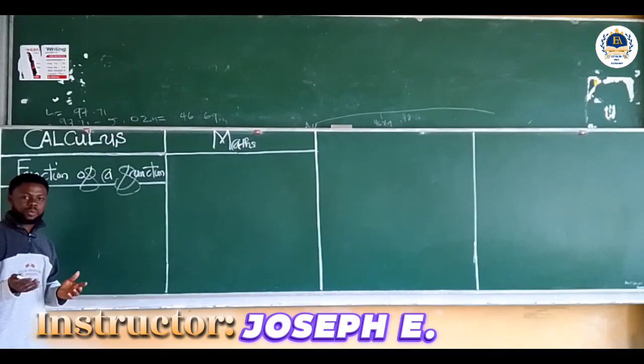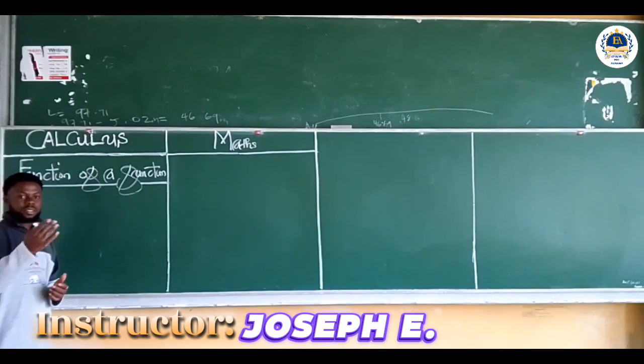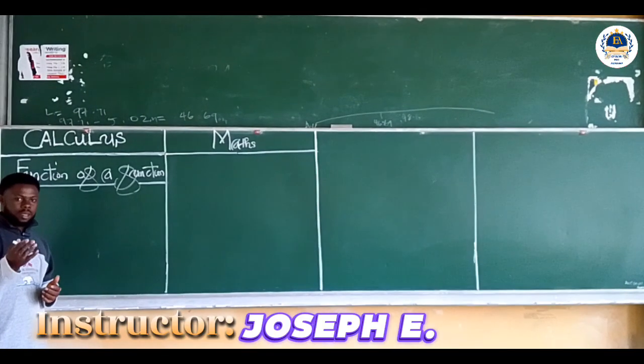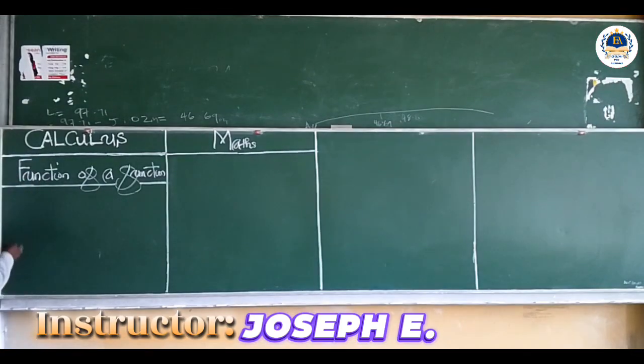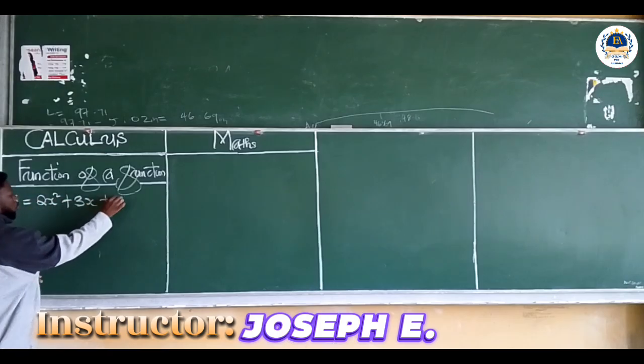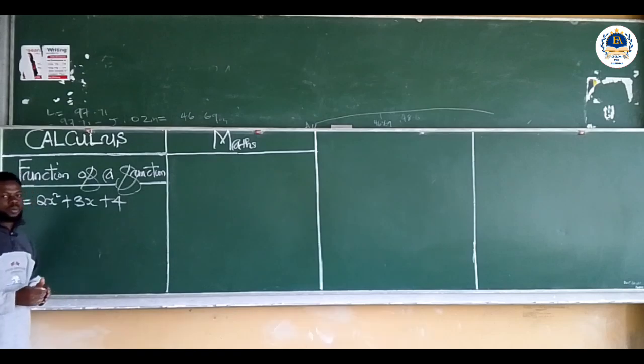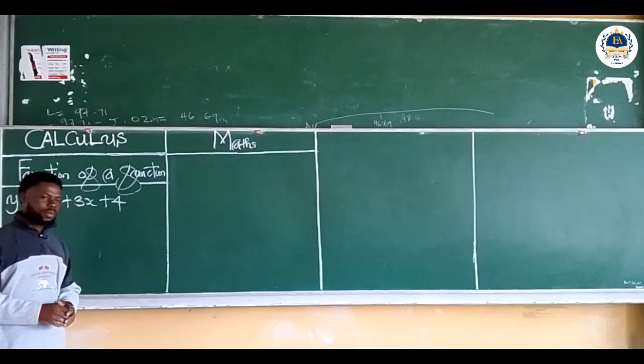So what should be the example? A, B, and C? No. X and Y. Alright, that is correct. In a set of equation, y is equal to 2x squared plus 3x plus 4. This is an example of a function in mathematics.